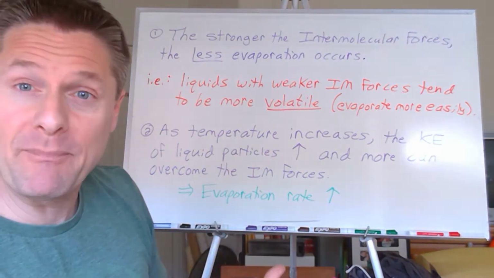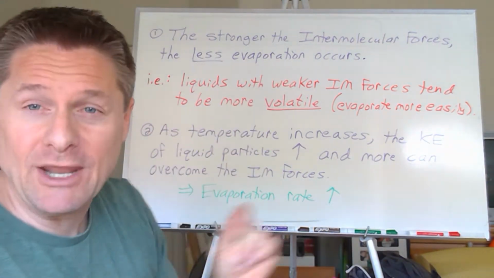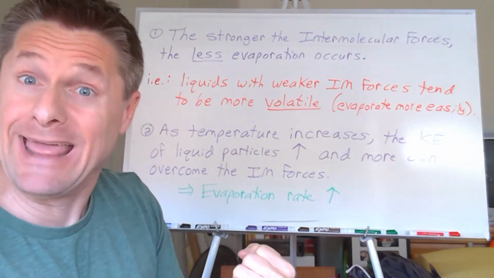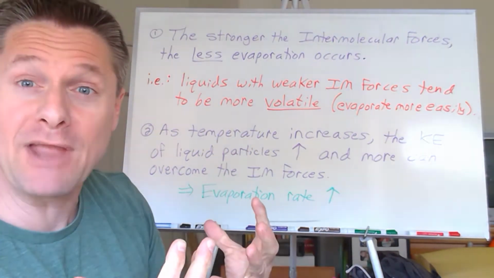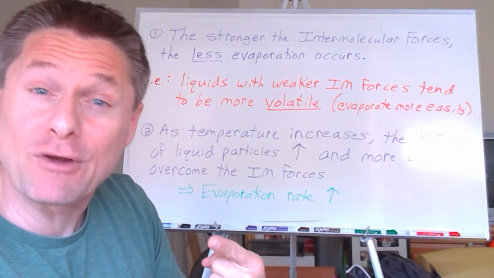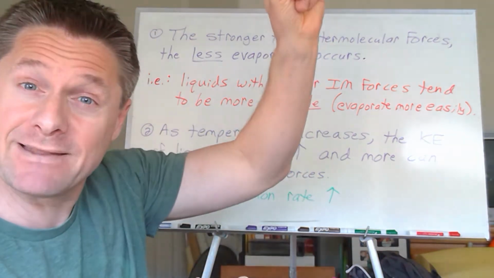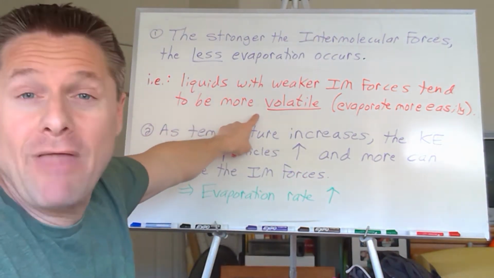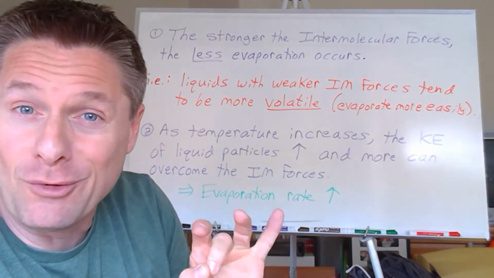Simple. Or if we flip that on its head, the weaker the intermolecular force is, the easier it is to break them, right? So at a particular temperature, more liquid particles will have enough kinetic energy to overcome those intermolecular forces. Pop! Into the gas phase it goes. Evaporation occurs off of the surface. We call that a volatile liquid, right?